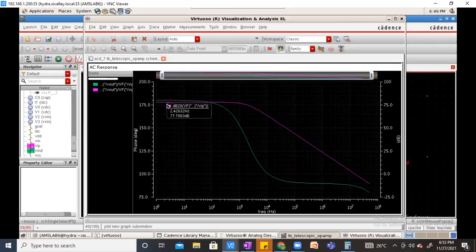Wow, you can see gain is 77.7 dB. And you will see this frequency response also.